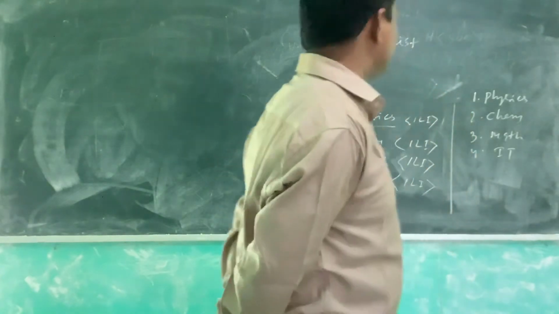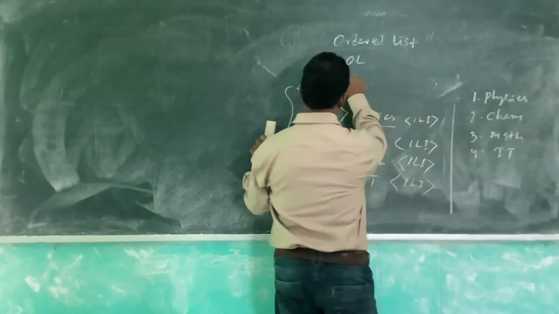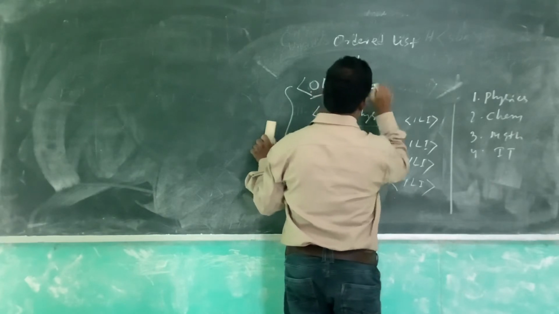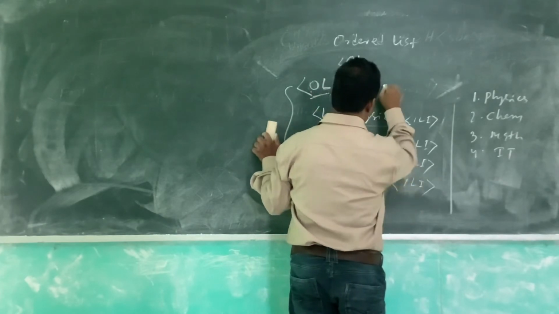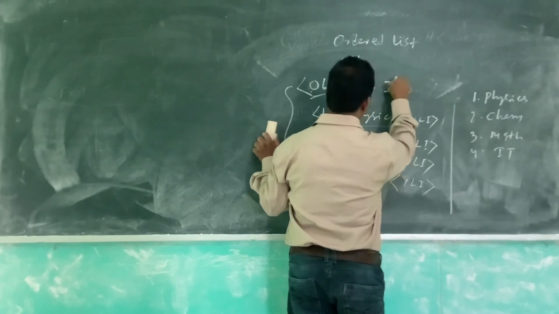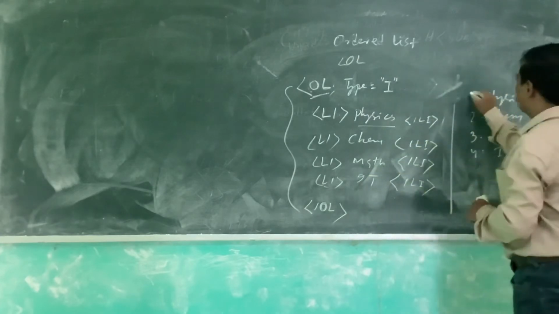So how can we do this? Just write type equal to I. So what will be the output?